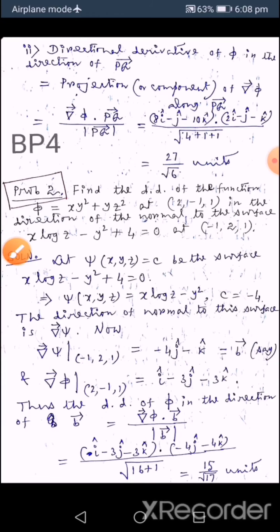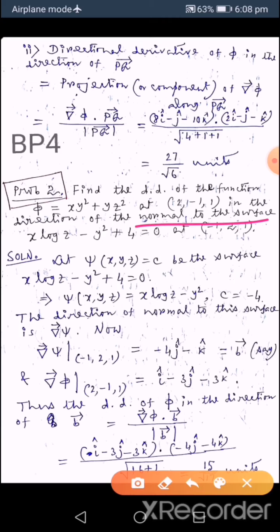Problem number 2. Find the directional derivative of the function phi equal to xy square plus yz square at (2, minus 1, 1) in the direction of the normal to the surface x log z minus y square plus 4 equal to 0 at (minus 1, 2, 1).